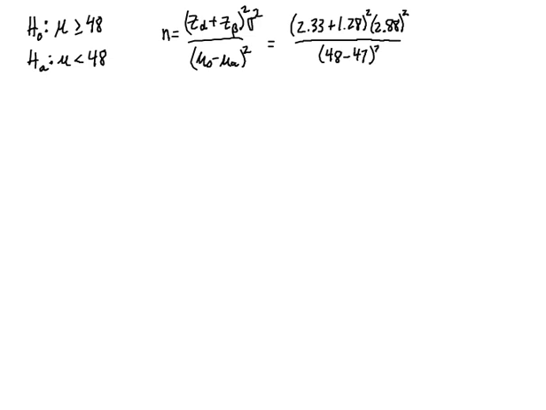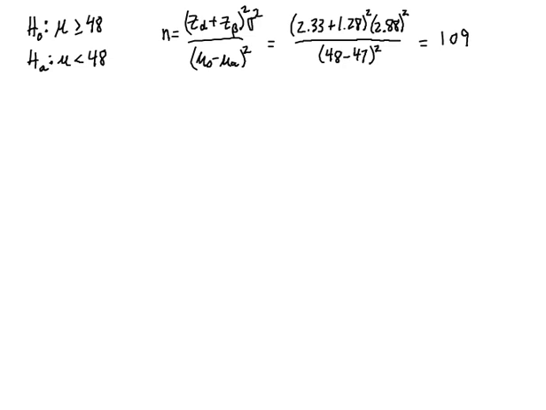In other words, mu could be as low as 47, and we're still okay with that, even though the null wouldn't be true. We're willing to go down to 47. We want to make sure we reject it for anything less than that, but we'll go down as far as 47. And if I do all those calculations there, I get a sample size of 109.